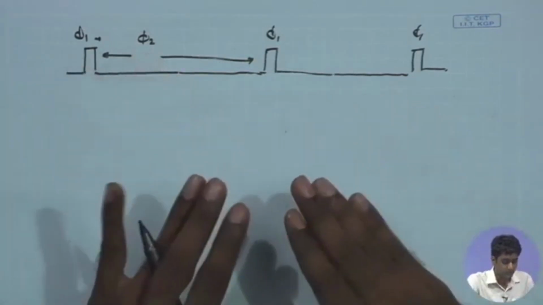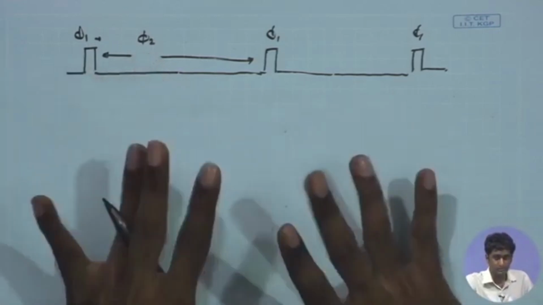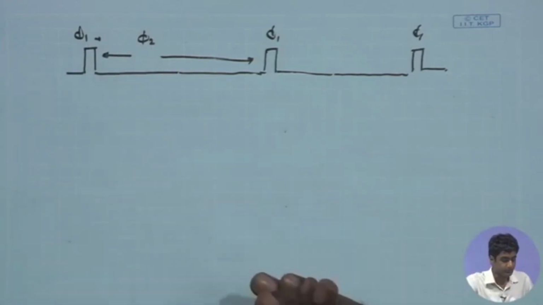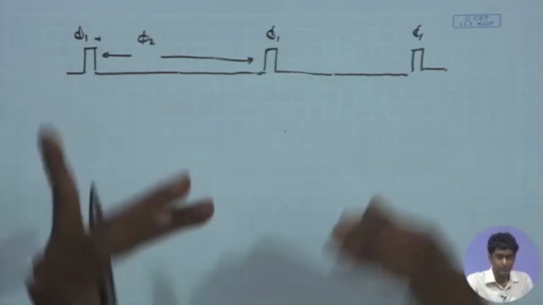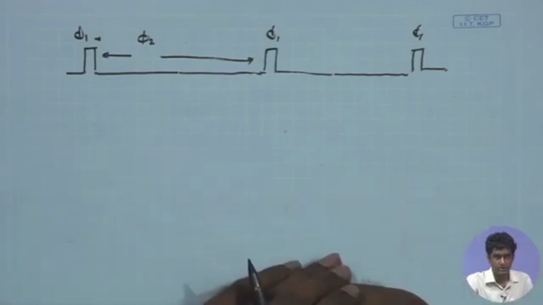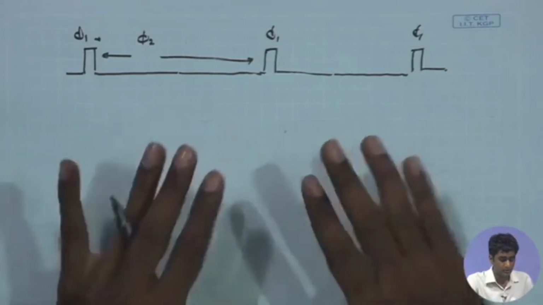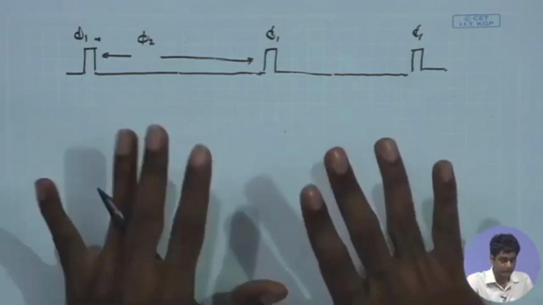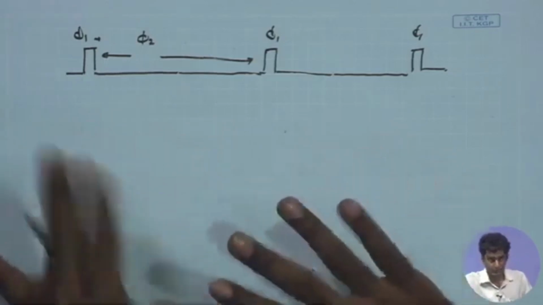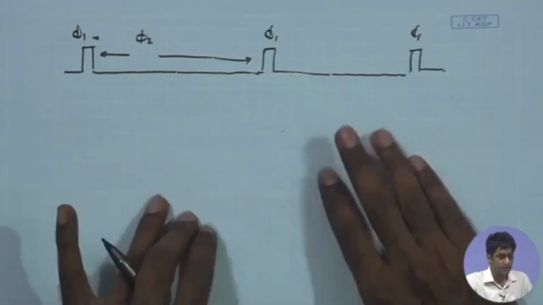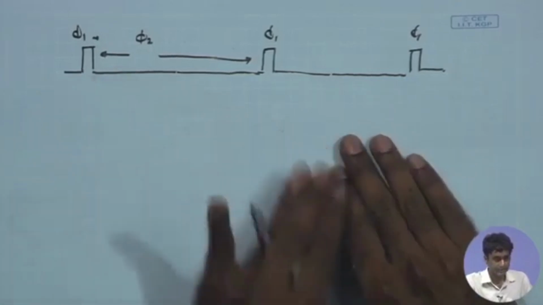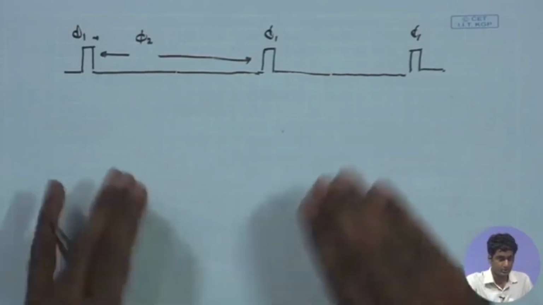For that, we first of all need to look at the block level implementation of the counter, and before that we need to look into the constituents of the counter, which are ultimately going to be latches and flip flops. So, going to the basics, we will first try to look at the definition of latches and flip flops, and then with the help of that we will try to see how to construct counters.